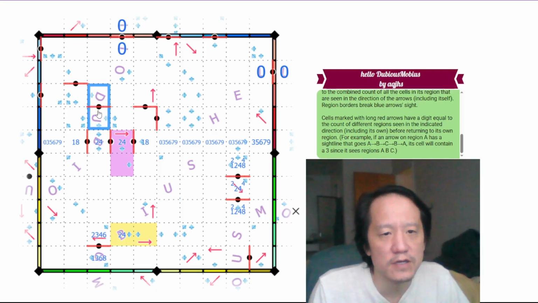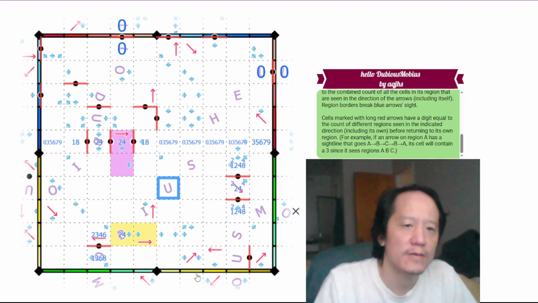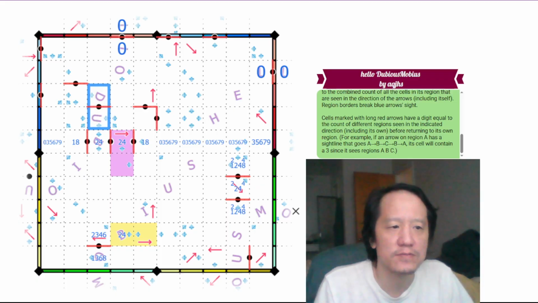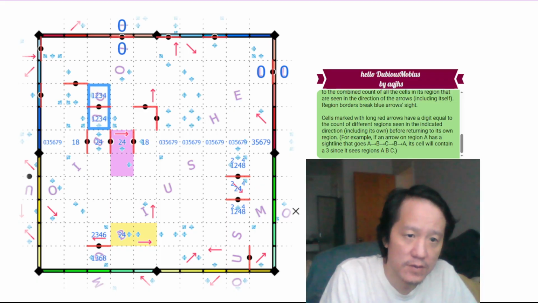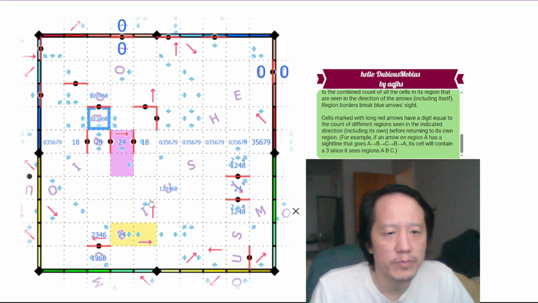U and D. D, I don't think we see another one, so we don't know if that's unique. U, we do see another one here. So again, these could be 3, 6, 1, 2, 4, 8. But we know, in the rest of column 3, one of these has to be a 3, 6 pair.